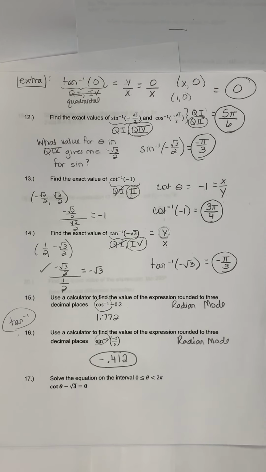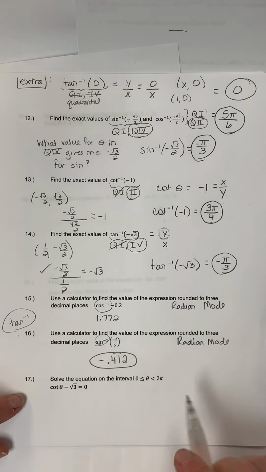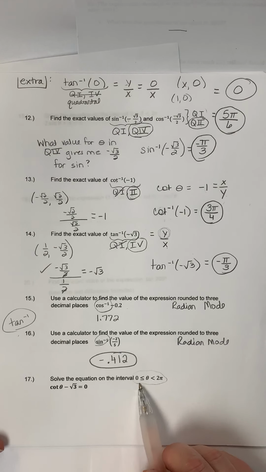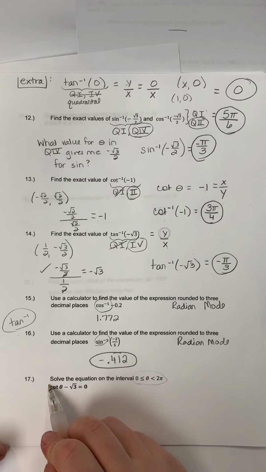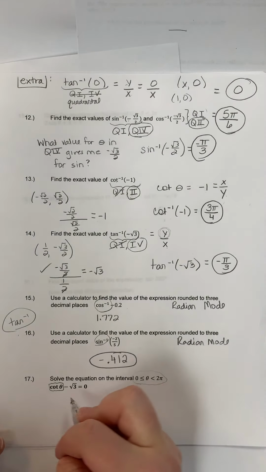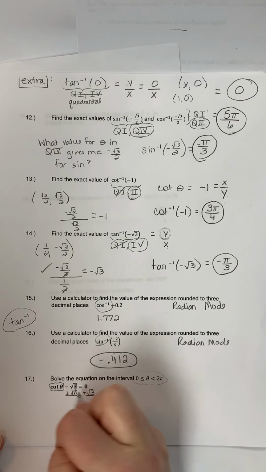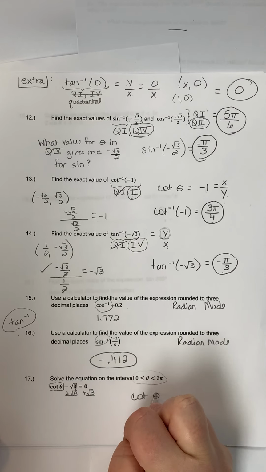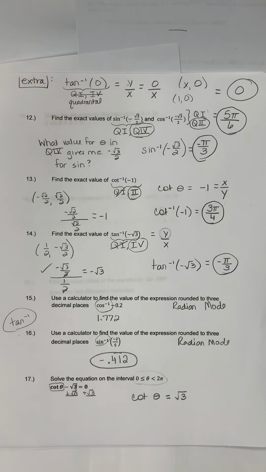Okay, now we're going to move on to solving an equation. You're going to have 2 equation solving problems. So we're going to have an entire rotation to do that on. The key is going to be to isolate the trig function. So in this case, I'm going to add √3 to both sides, and I get cotangent theta equals positive √3.